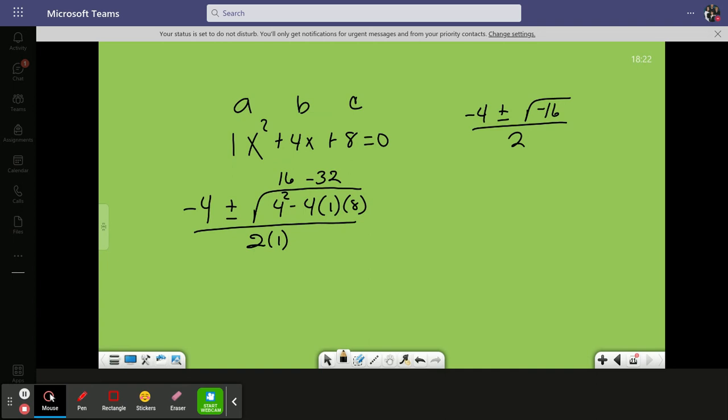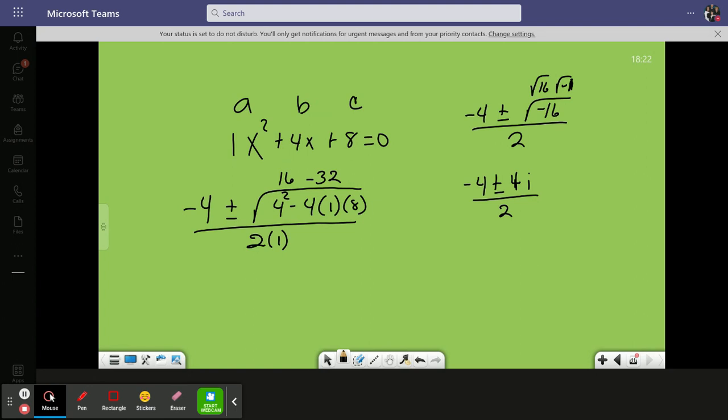All right, so instead of 16, though, I'm going to break that into the square root of 16 times the square root of negative 1. So I've got negative 4 plus or minus 4i over 2.